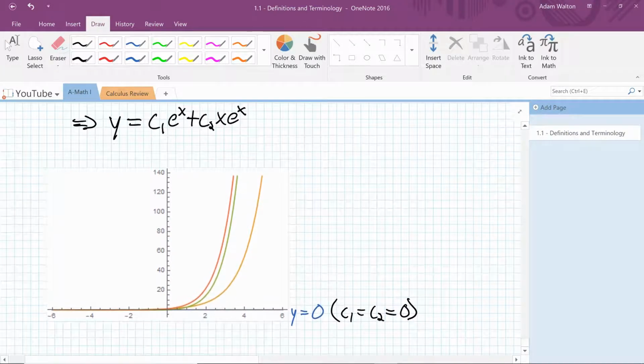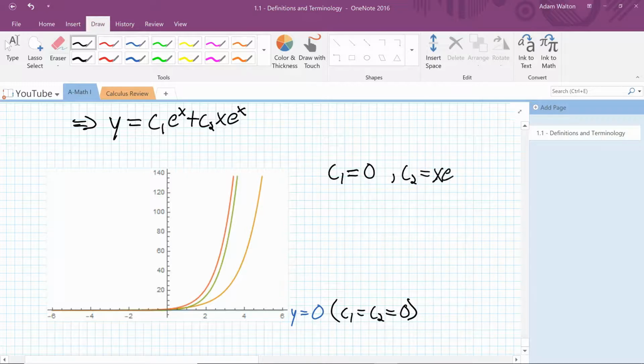Now let's also consider when y is just equal to x e^x. Like I said, we evaluated that before, so that's when C1 is equal to 0 and C2 is equal to 1.